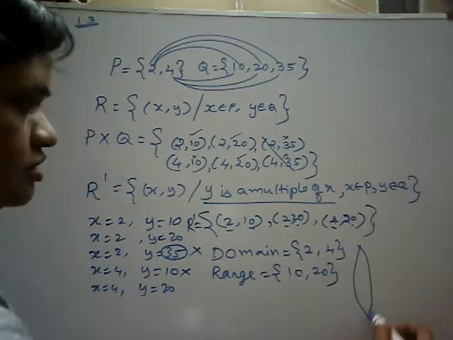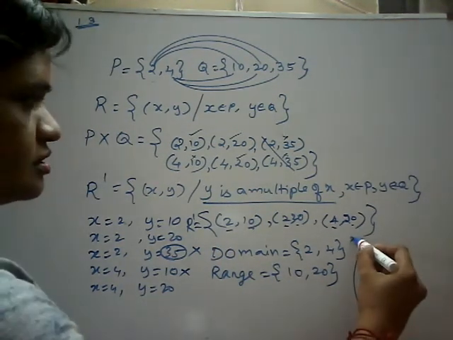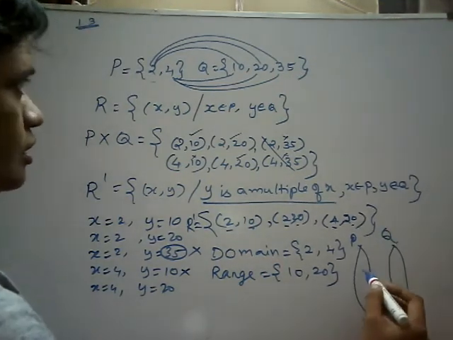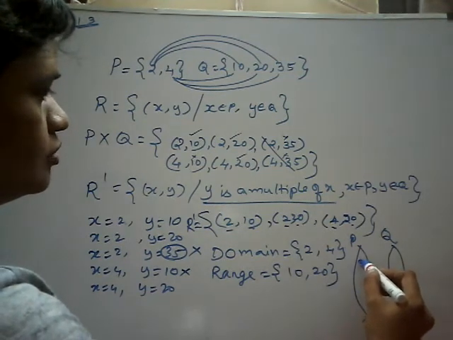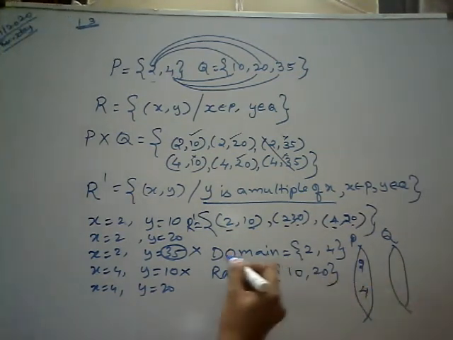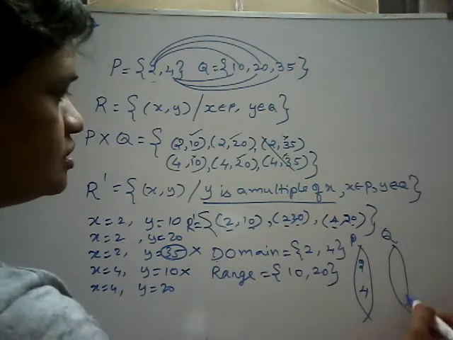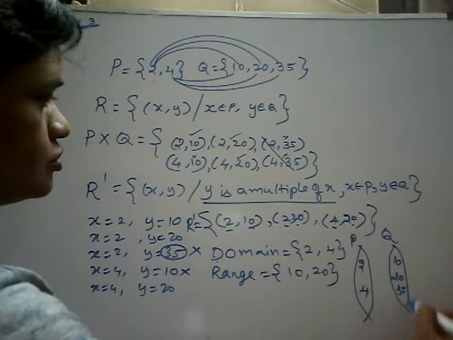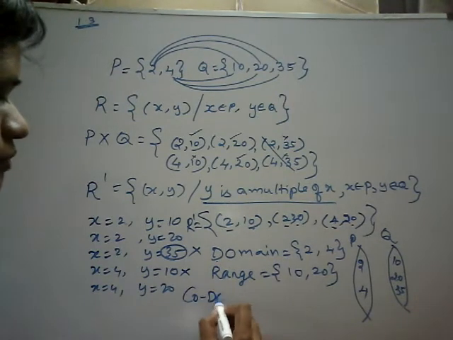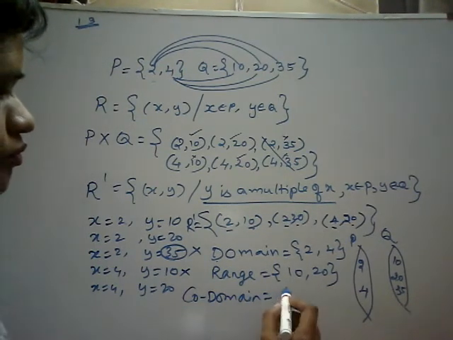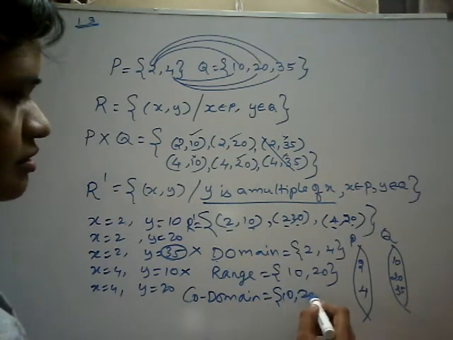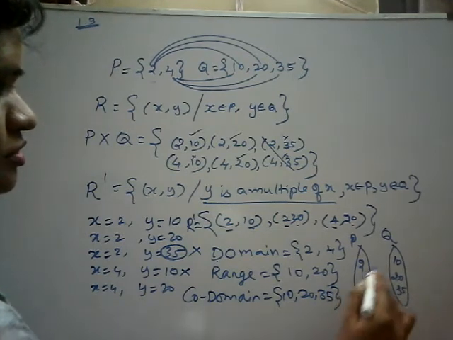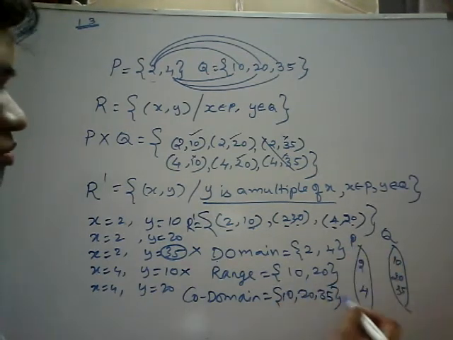I will do it in circle form. The P set elements are x, and the Q set elements are y. We will say the P set elements 2, 4 are the domain, and the Q set elements 10, 20 and 35, this whole Q, we will call the codomain. So the Q set is the codomain, the P set is the domain.